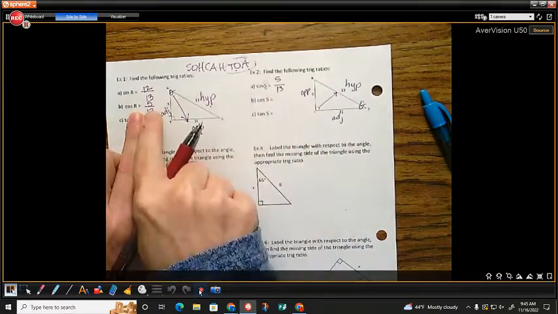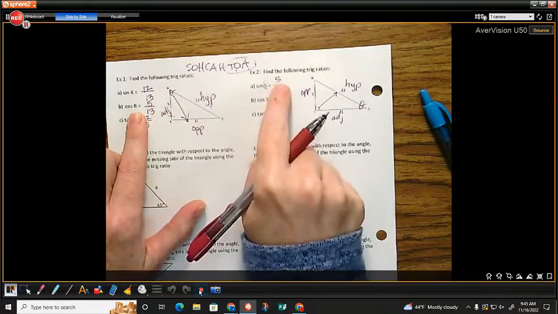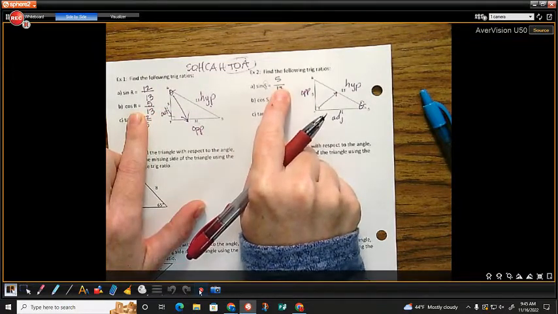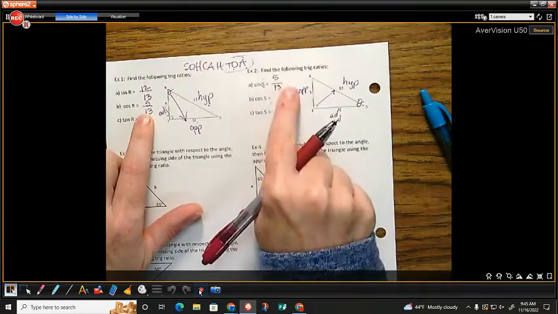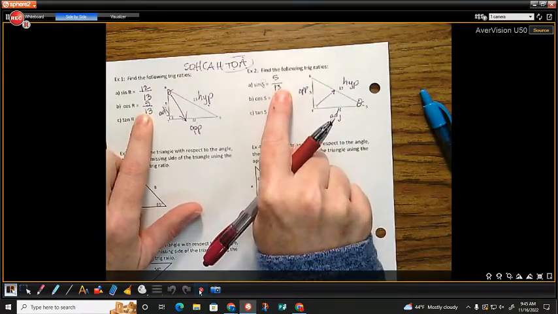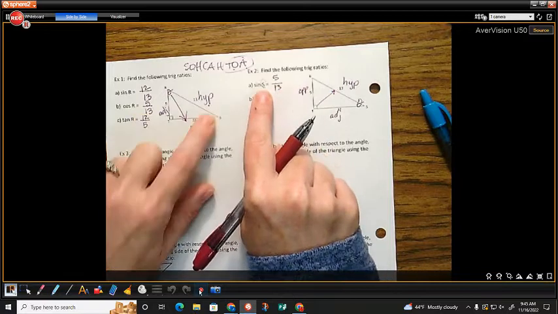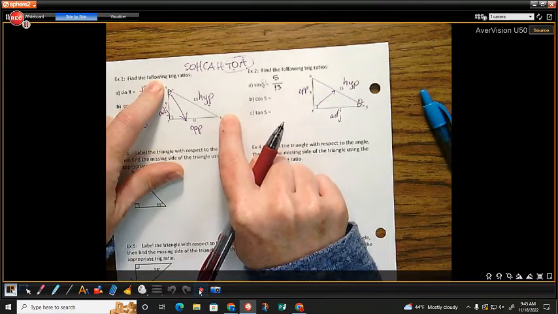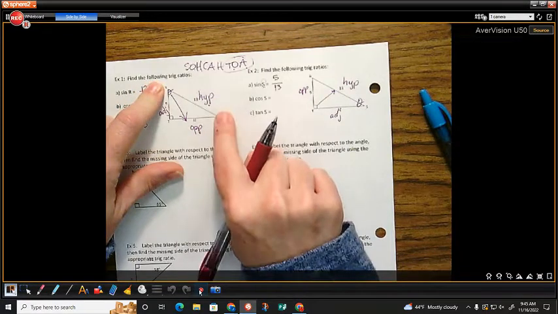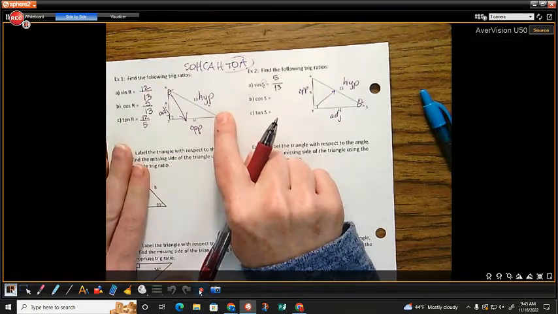That was the cosine of angle R. Since I switched the angle I used, I switched where the ratio was. So the sine of this angle will be the cosine of the other angle. That always happens in the same triangle. The sine of one of the angles will always be the cosine of the other.